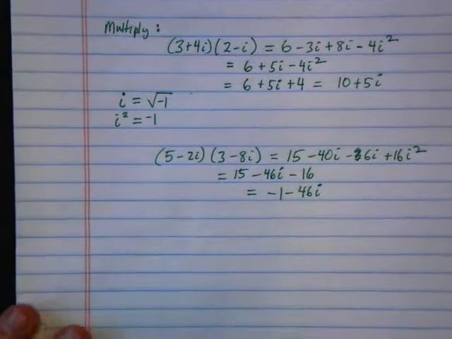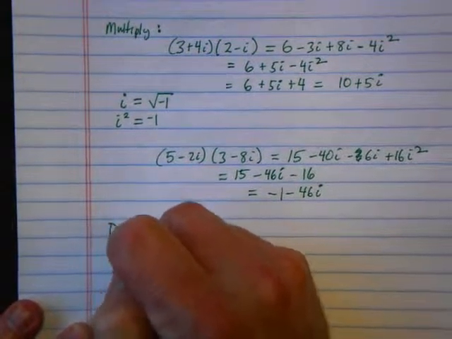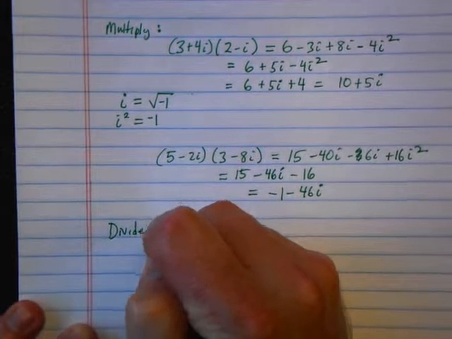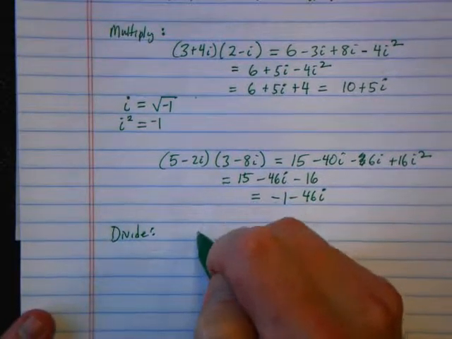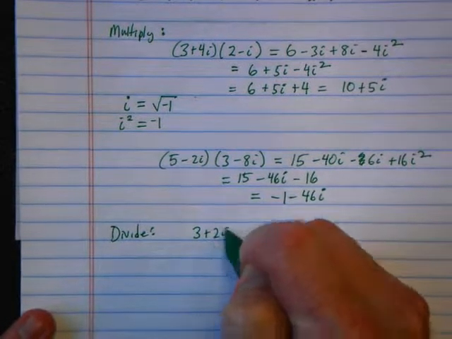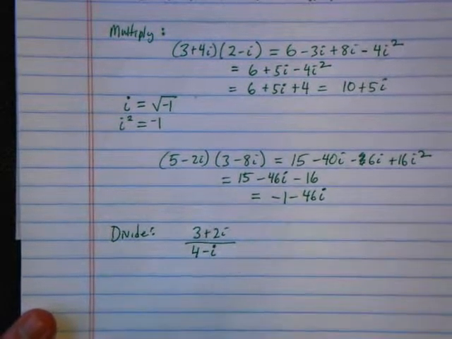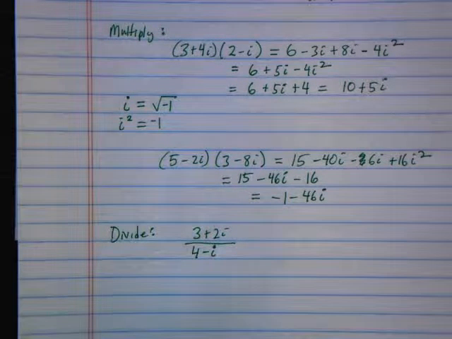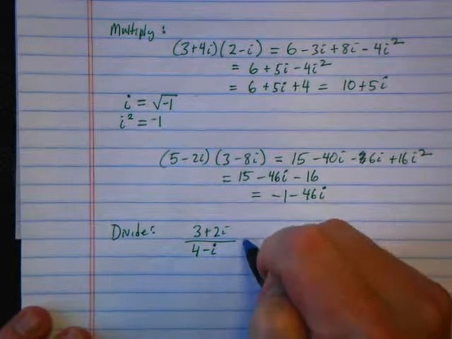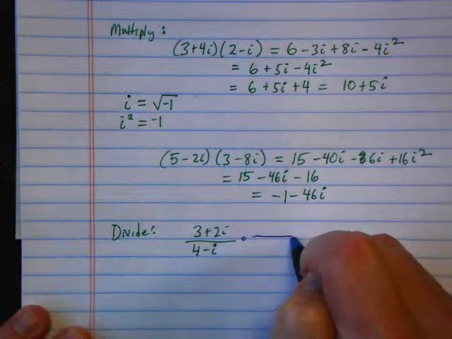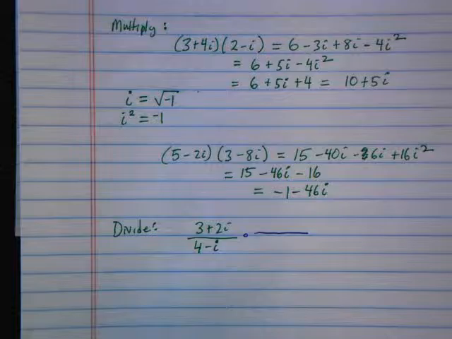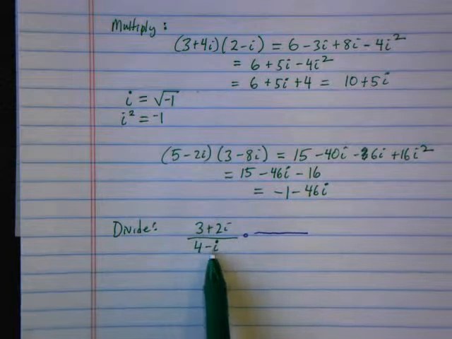All right. Dividing. Dividing's not too bad. If I have 3 plus 2i over 4 minus i, what we do to divide is we multiply the top and the bottom by something special. You look at the bottom. The bottom is 4 minus i.